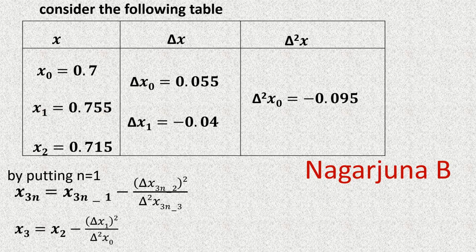Therefore we can write x3 equal to x2 minus delta x1 whole square divided by delta square x naught equal to 0.715 minus within the bracket minus 0.04 whole square divided by minus 0.095. So simplify this one by using a calculator.